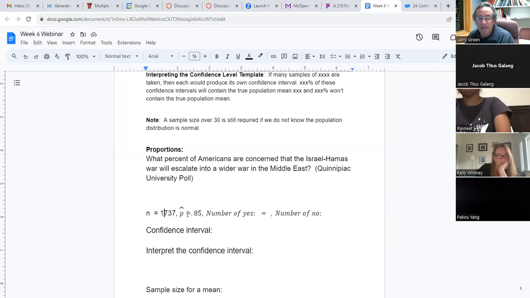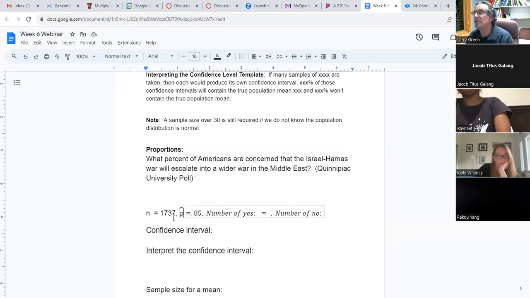Okay. Now they had, do you remember what P with that little hat on top represents? N was the number of people that were surveyed. That's why I use the letter N. Do you remember what a P with a hat on top means? That was an important one that happened last week. You remember?